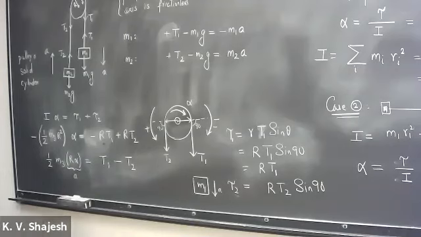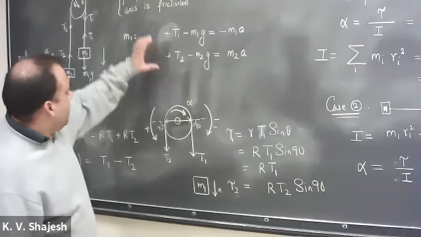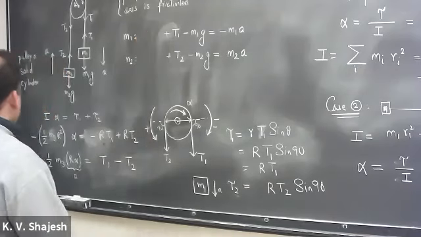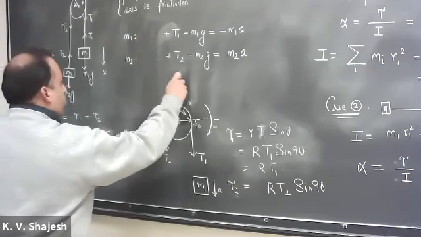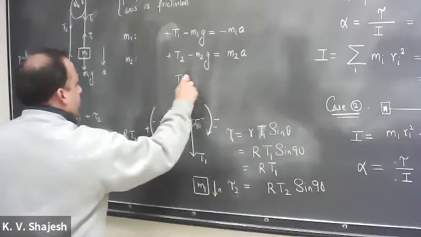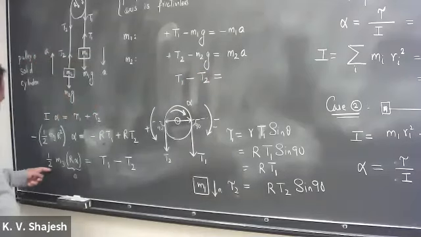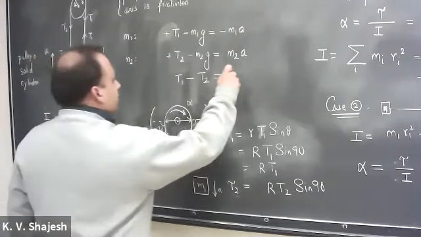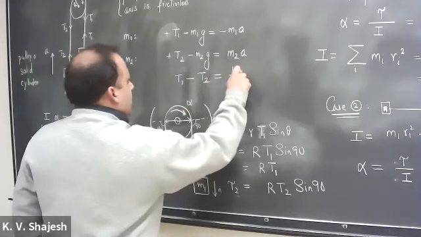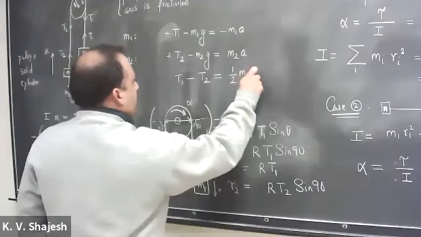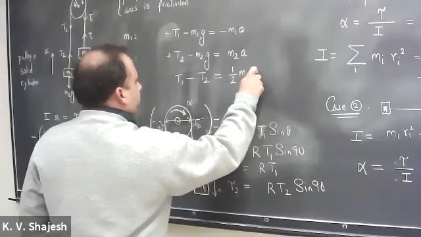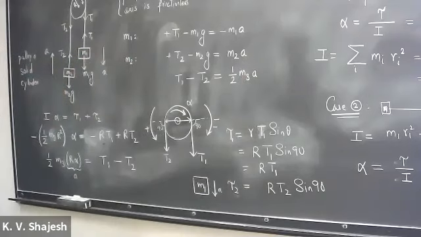So overall, if I were to go back here, I had two equations, but now I have a third equation, which is T1 minus T2 equals half of M3 times A, because R times alpha is nothing but A.